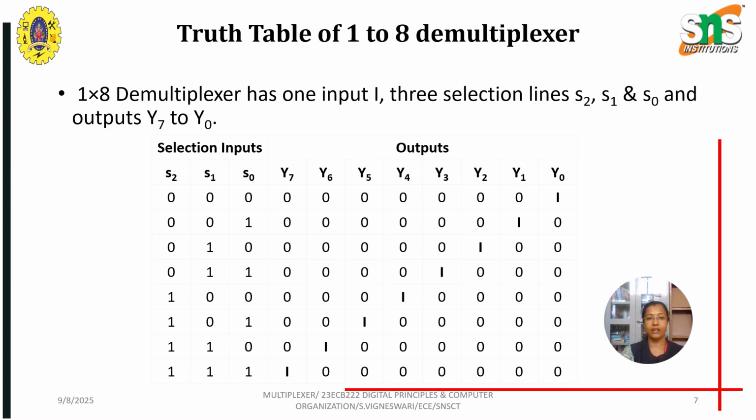When the selection line S0 is high and S1 and S2 are 0, the input will be carried over output line Y1, and so on. And for the last case, when all three selection lines are high, output Y7 will carry the input.